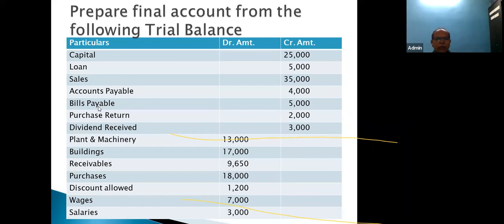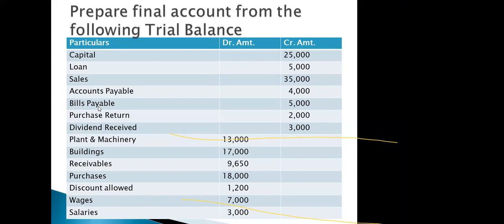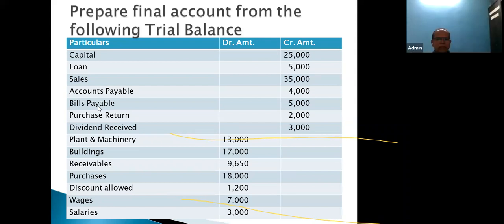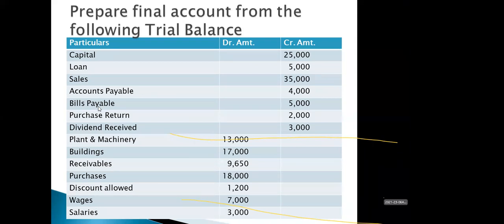Now after that, next item is bills payable. Can you tell me where bills payable will be shown? In the balance sheet, there is no credit side or debit side. Liability side and asset side.